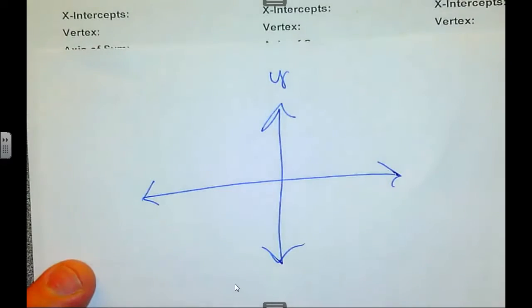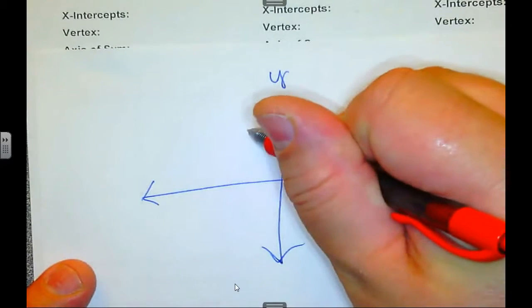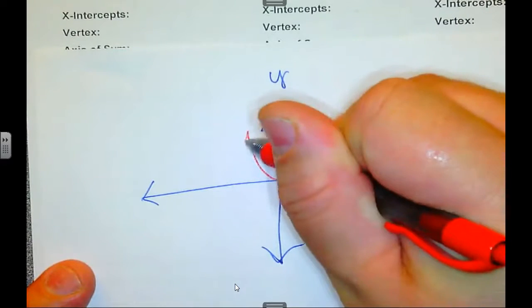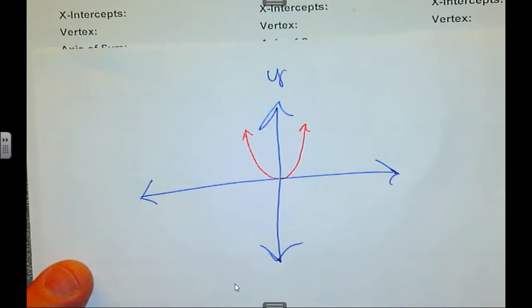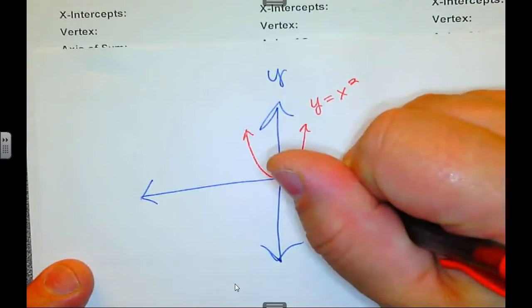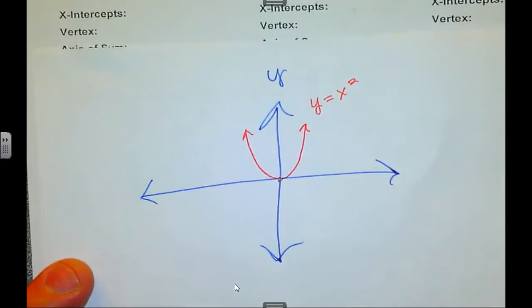If I look at the parent function, y equals x squared, how many solutions or zeros do I have? 1, okay? This is y equals x squared. So I have 1 solution where it crosses the x-axis.